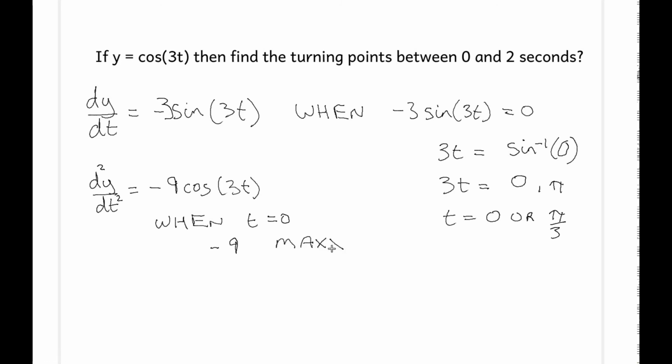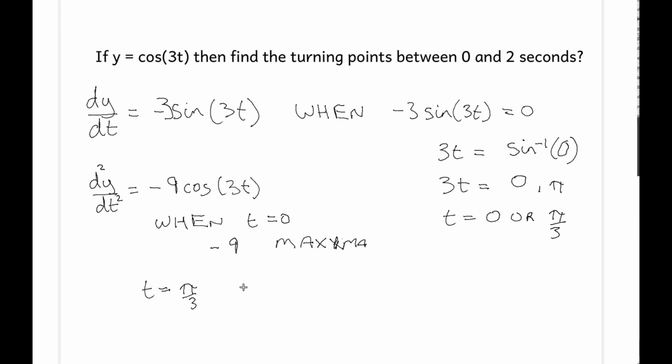Why is my pen playing up? Maxima. I can't even write now. Okay, and same way if I put in t equals pi divided by 3, the 3's will cancel, so I'll just have pi.